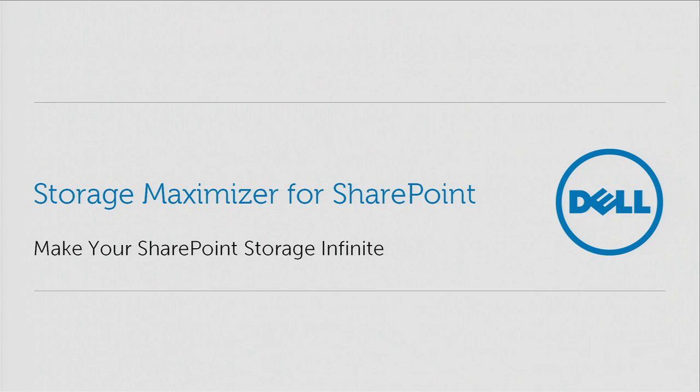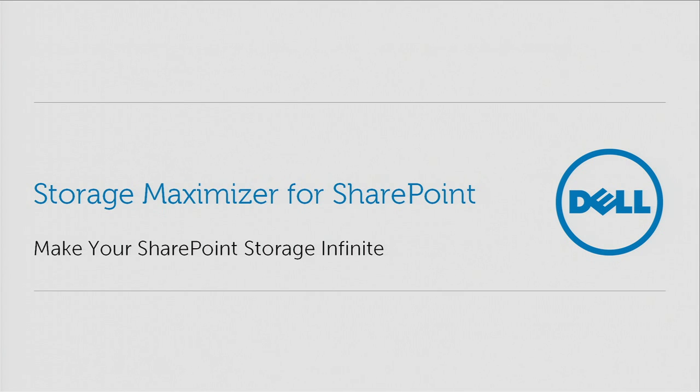Okay, thank you. So I'll be talking about storage maximizer for SharePoint, which is one of the offerings that help you offload your blob content that resides in content databases. When you have a lot of blobs stored in your content databases, the performance as far as the users are concerned becomes pretty sluggish.